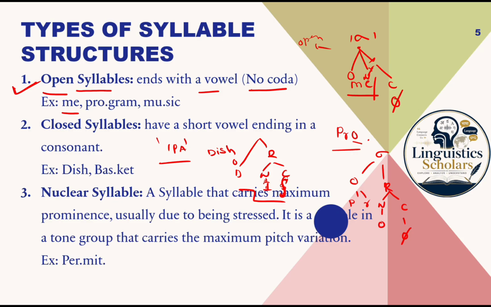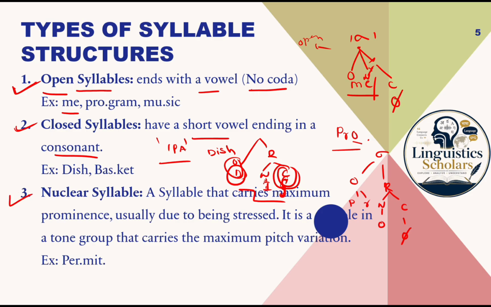This is how it has to be. So we have a short vowel ending in a consonant. As you can see, there is a presence of consonants at the onset as well as in the coda. It is called a closed syllable.